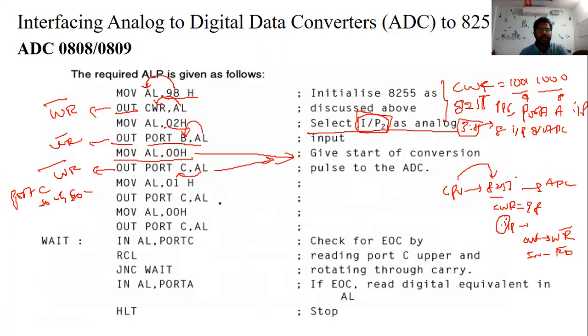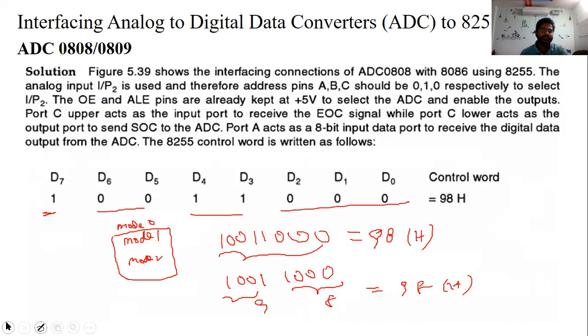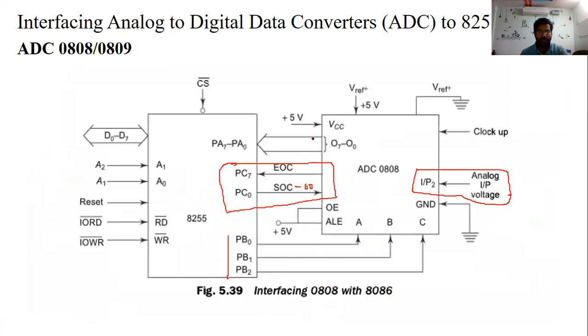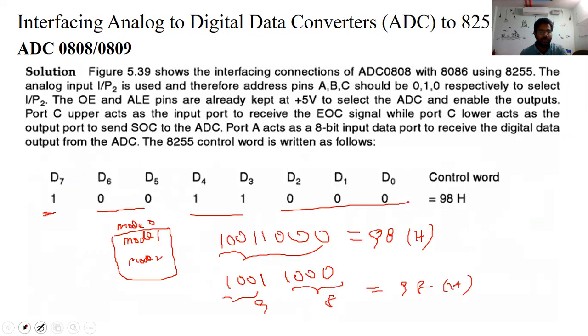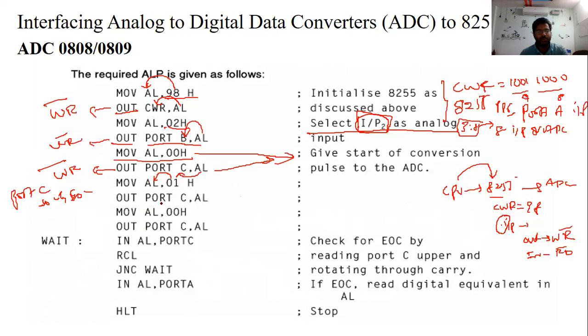Then it takes some time for conversion. Then again move AL, 01H, then port C, AL. 01H is nothing but the port C data, and then you send it to the output.